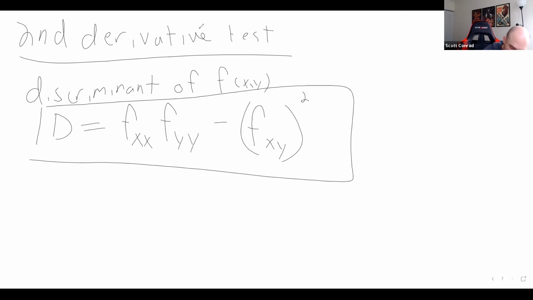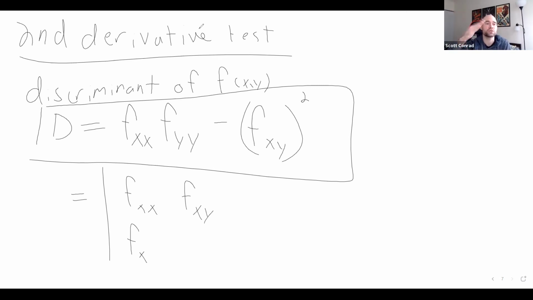So another way to remember this is we can look at a determinant. Along the top row, we take the partial with respect to x first, and in the second column, we take the partial with respect to y.